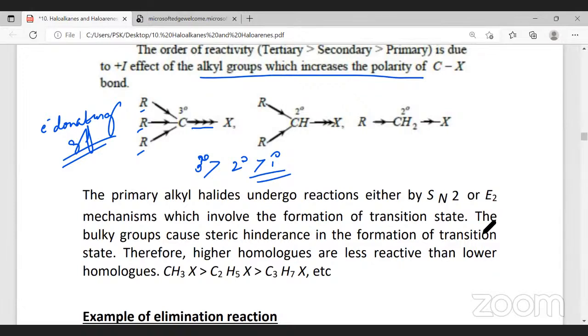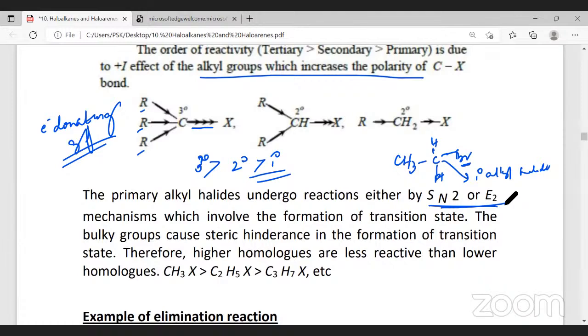For example, if you take CH3, CH2, Br. Now, this is a primary carbon atom because this carbon atom is bonded to only 1 carbon. This carbon contains halogen. Therefore, it will be called a primary alkyl halide. So, primary alkyl halides generally will undergo SN2 reaction or E2 mechanism, which involve the formation of transition state.